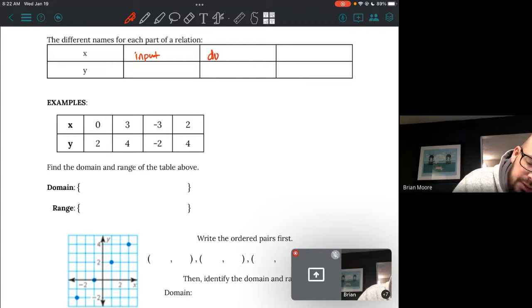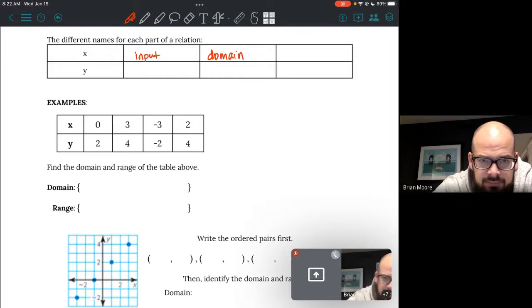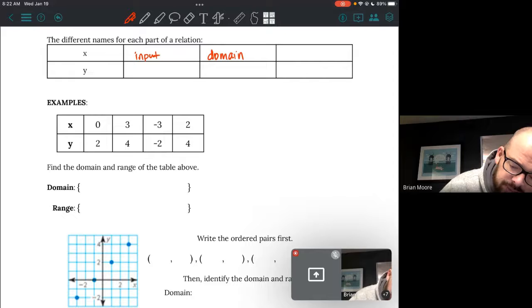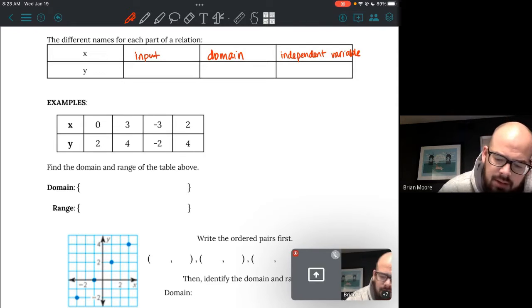We also need to know it as the domain. And what we're going to cover tomorrow, or maybe Friday, depending, is X is also known as the independent variable.